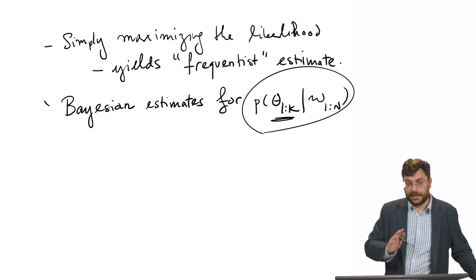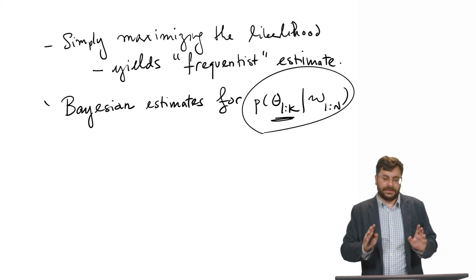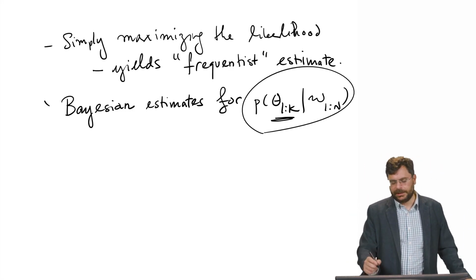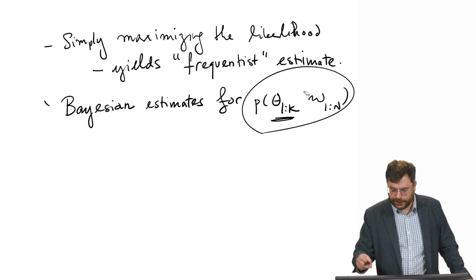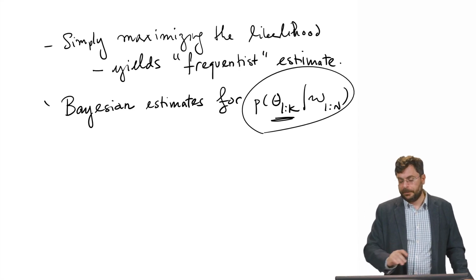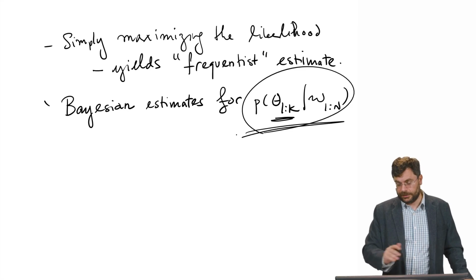This object, which we'll discuss in detail in chapter 4, is called a posterior, and I need a likelihood in order to construct this object. So this here should really be just a straight line, a conditional.